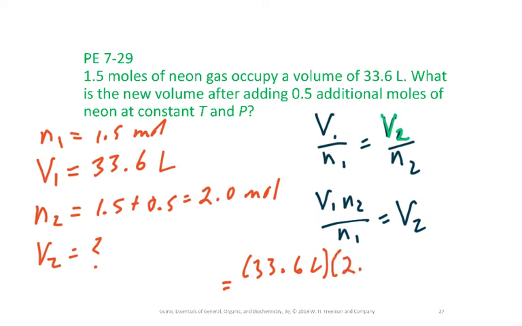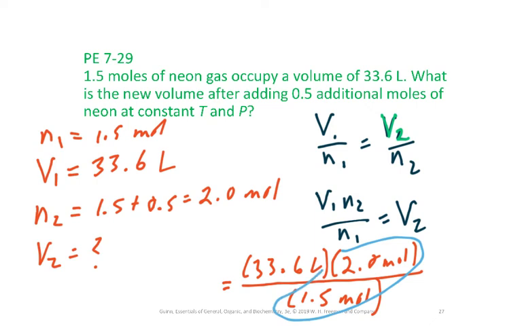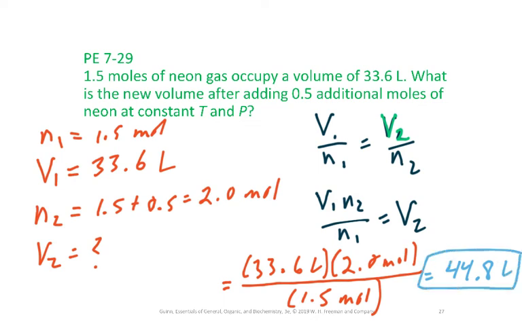We have 2 moles over 1.5. Right? So if we increase moles, we should expect volume to go up. And this ratio right here is telling us, yes, it will go up. So plug these into your calculator and we will get 44.8 liters.